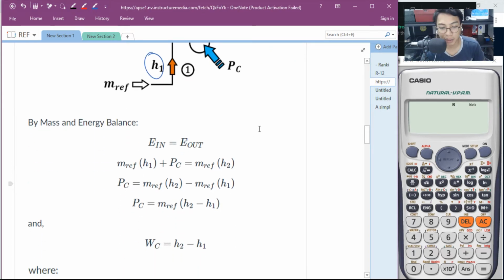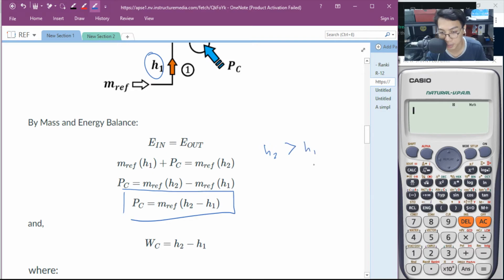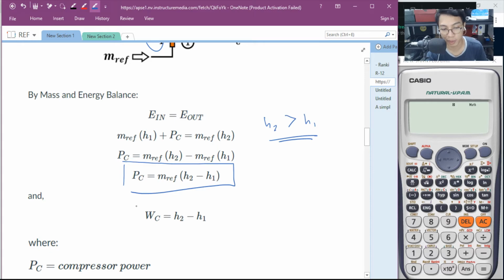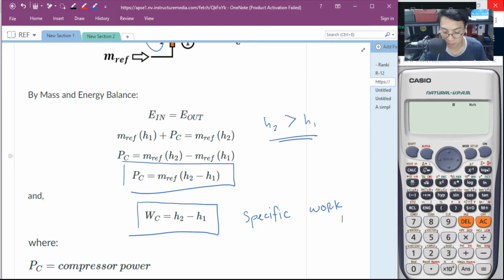So, we can see that the work of the compressor, the power of the compressor is equal to mref (H2 minus H1), where H2 will always be greater than H1. So, check. And therefore, the work of the compressor is simply specific to a specific work. This is the power consumption.